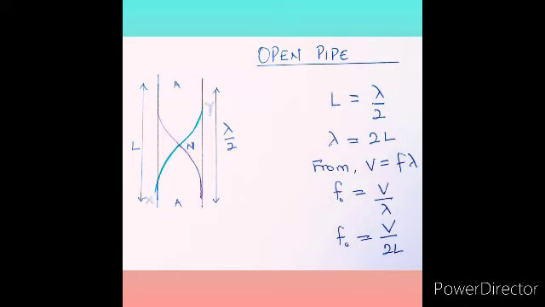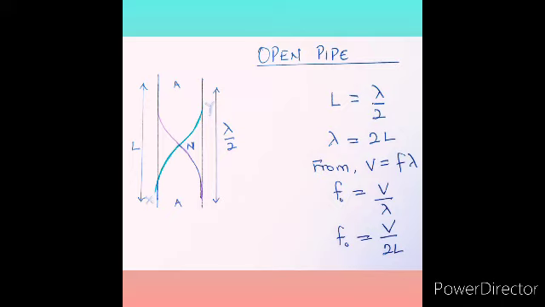For the closed pipe, the pipe is closed at one end and open at the other end. At the closed end, you have a node for the vibration, and the open end has an antinode.